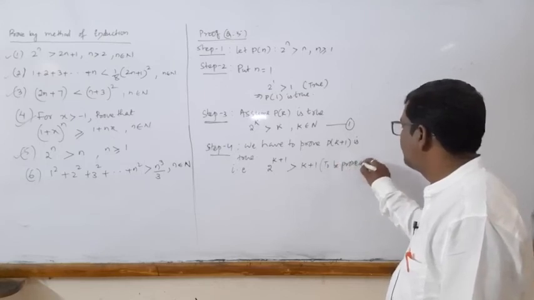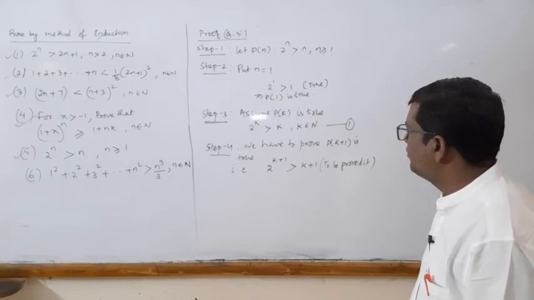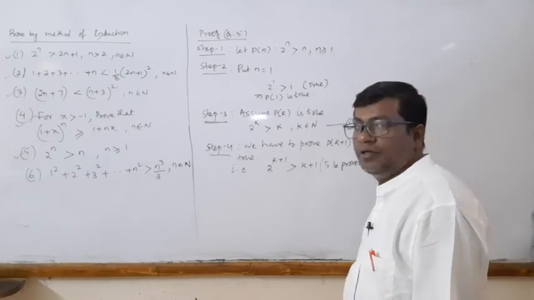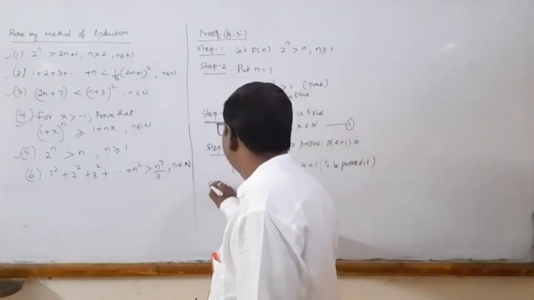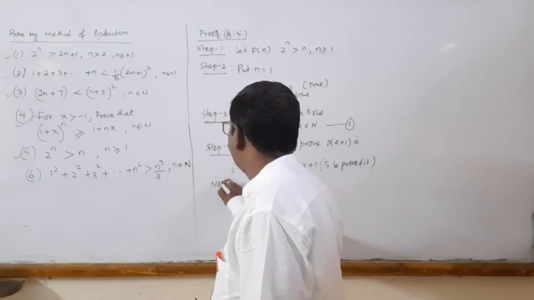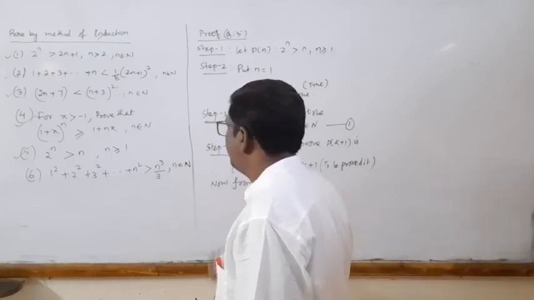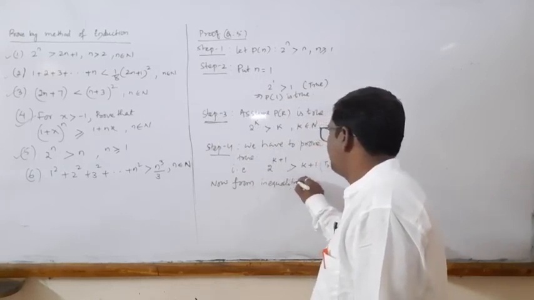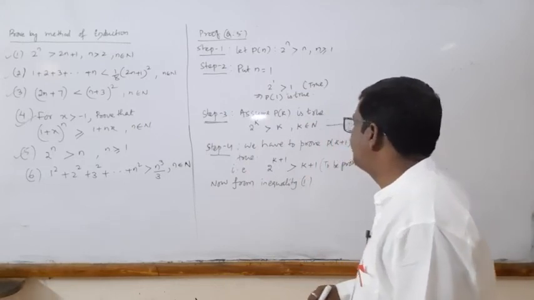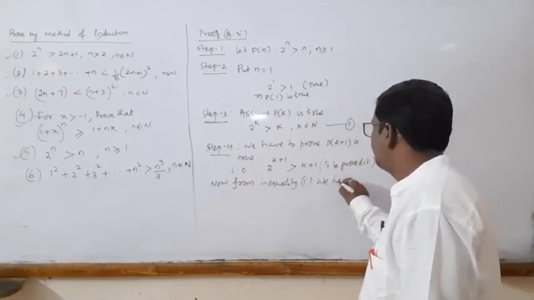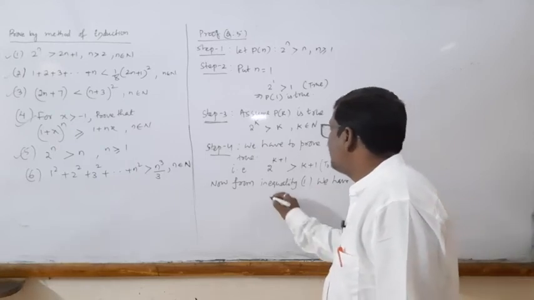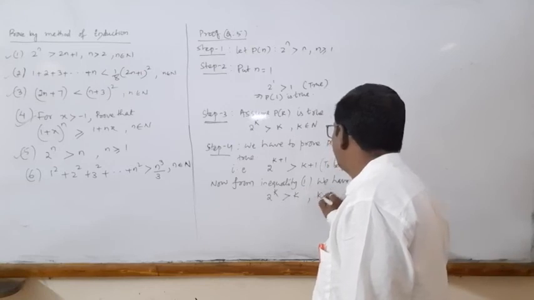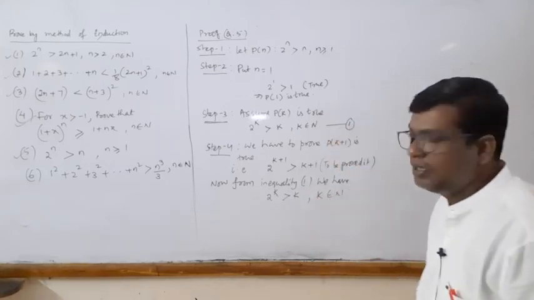Now from step 4, from inequality 1, we have 2 to the power k greater than k for all k belongs to the set of natural numbers N.